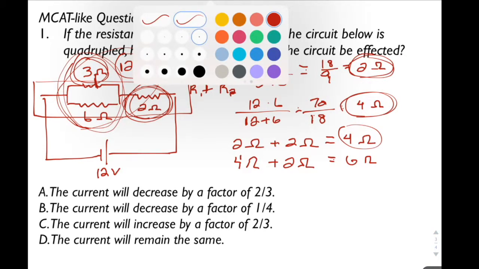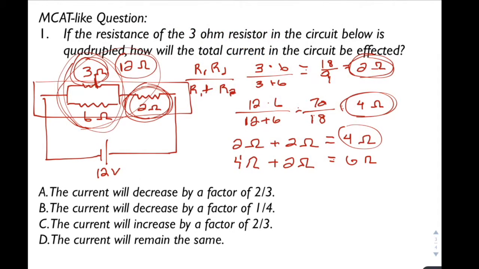Since it's asking for the total current in the circuit and how that's affected, I know that in series the current remains the same through the resistors. So I'm going to use the 12 volts provided by the battery and solve for the current using 4 ohms and 6 ohms as the equivalent resistances, and then see how those compare.